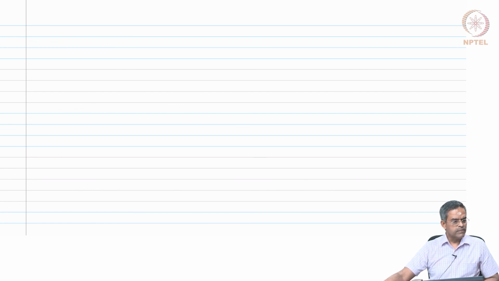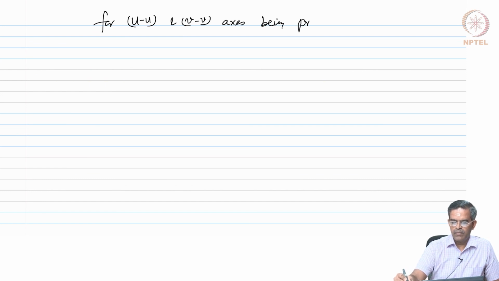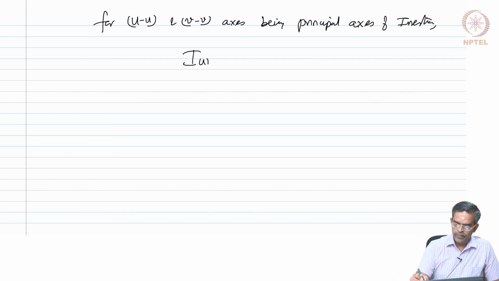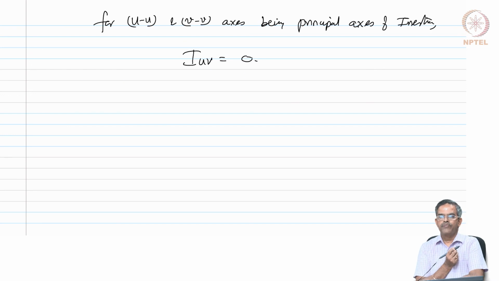So, now friends, U and V being principal axes of inertia, Iuv should be 0.